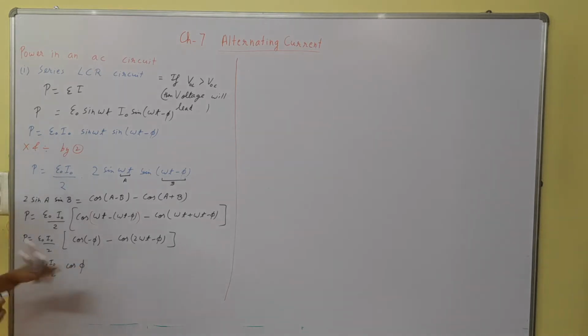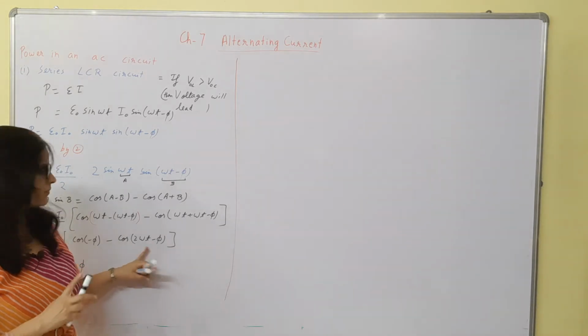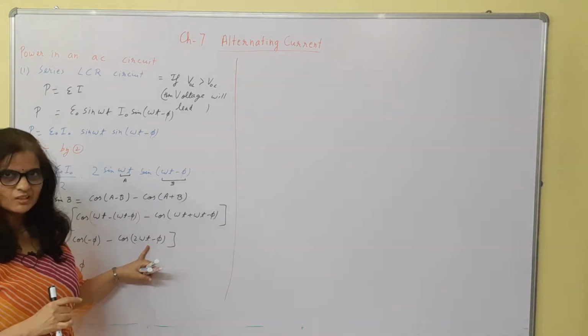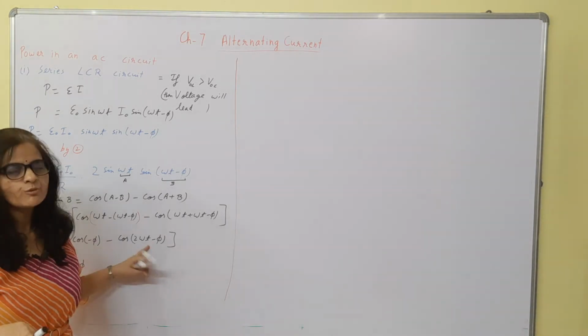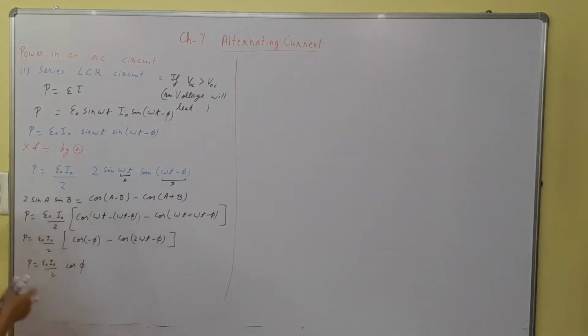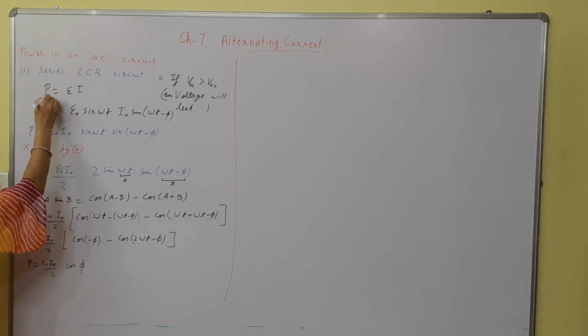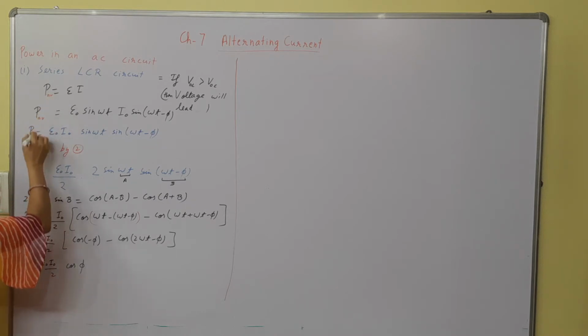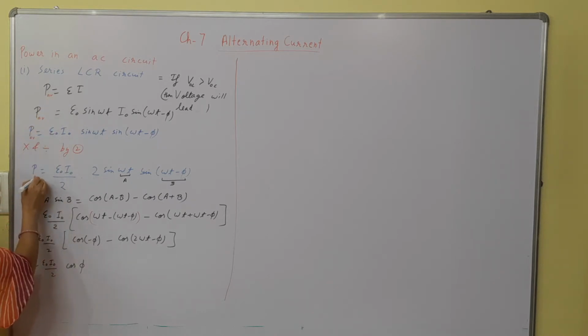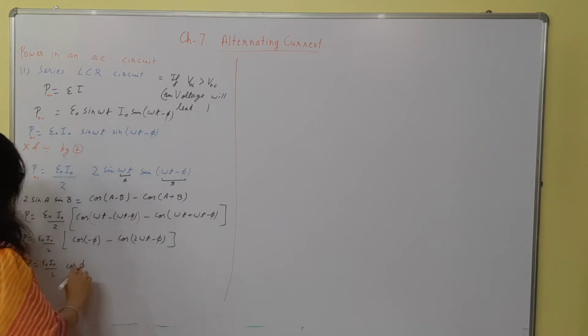And this is a time dependent quantity. This is a cosine function of time whose average value for a complete cycle is 0. So if we are finding the average power for the complete cycle, then this value will be 0.